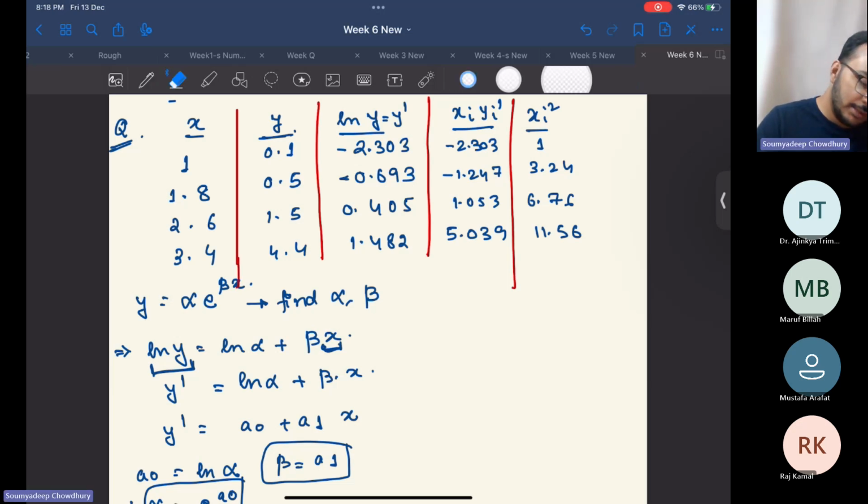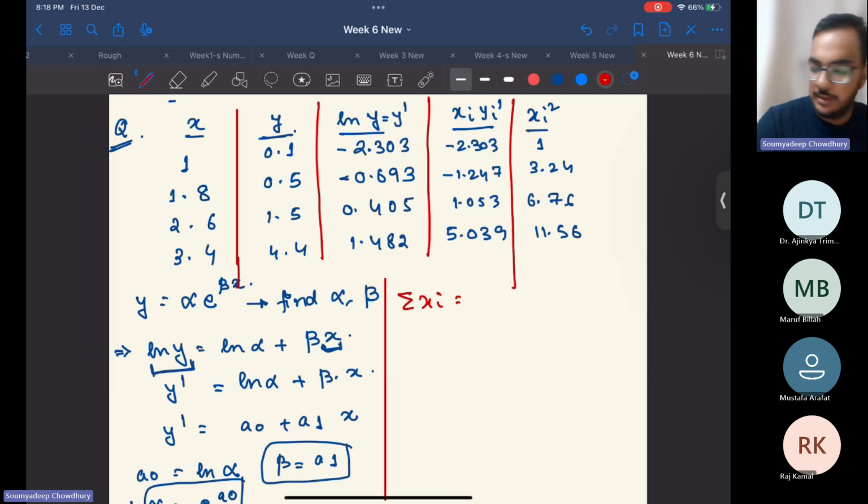So now you find the summations. Summation of xi is 8.8. Next, summation of yi, which is not y here but yi dash, right? If you sum up this third column, it comes to minus 1.109.